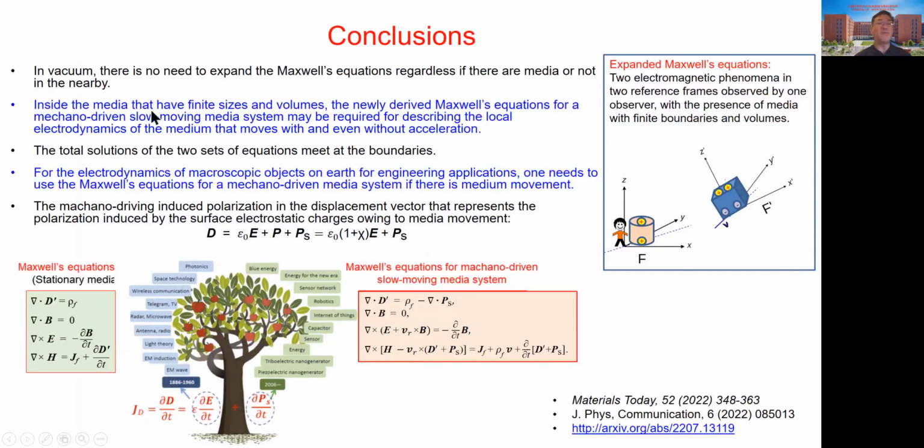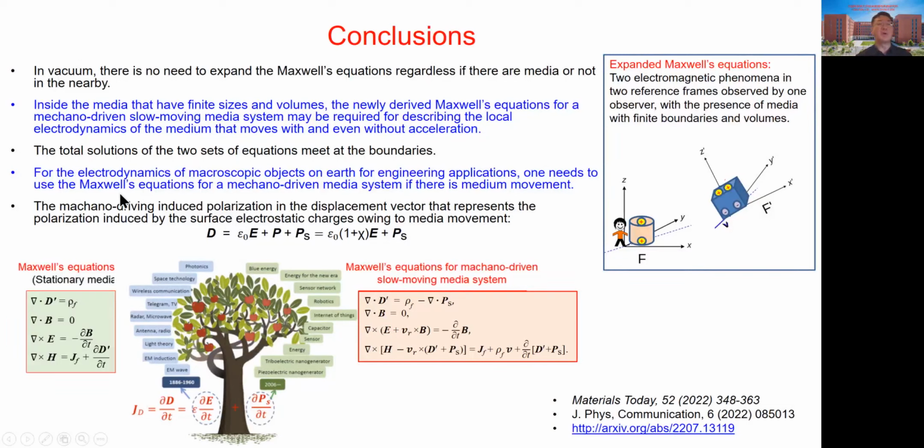But if you look at the inside of the medium, which has a finite size and volume, the newly derived Maxwell equation for a mechano-driven system has to be utilized, because in this case the medium is moving. So you have to divide this into zones: the zone inside the medium and the zone outside the medium. The total solution has to meet at the boundary.